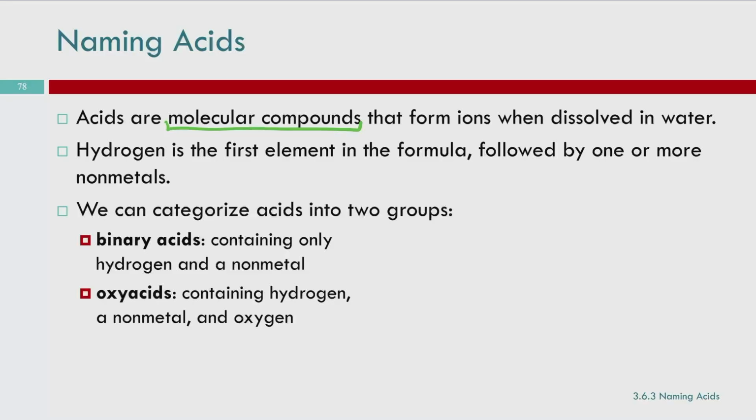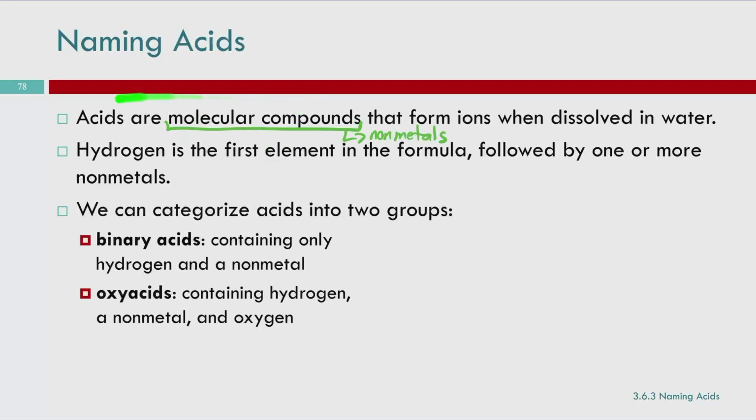Would we expect to see iron in an acid since it's a molecular compound? No. They're molecular compounds. They're only what kind of things? Nonmetals. So they're only going to be nonmetals, no metals. If you see a metal, it's an ionic compound.